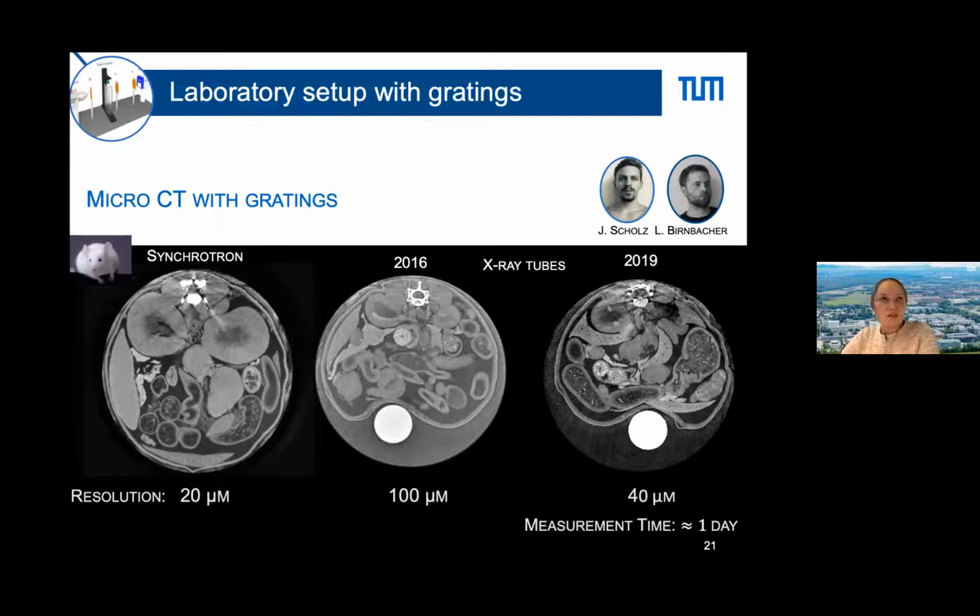We can cover up to 5 centimeters in height, so the full mouse, and 5 centimeters in height at once. But still you need a full day, 24 hours, for a full tomography. And if you have to scan 10 mice, you're busy for more than 1 week. That's why we try to improve that.